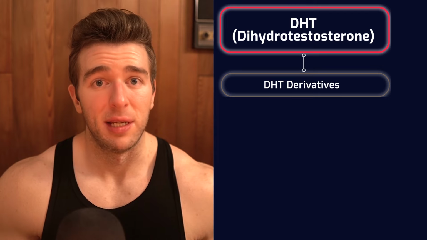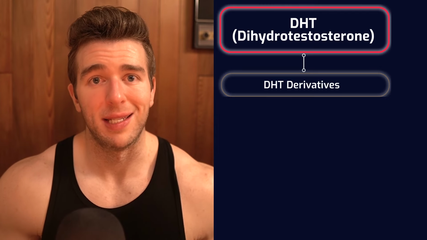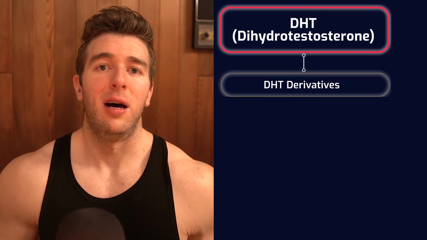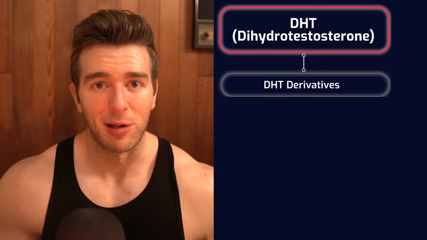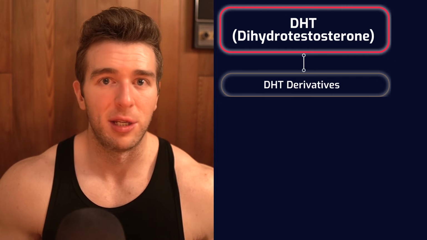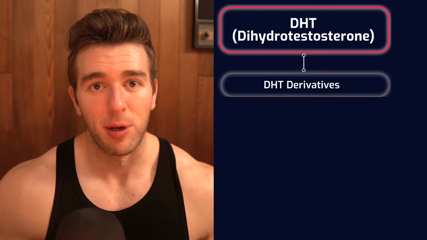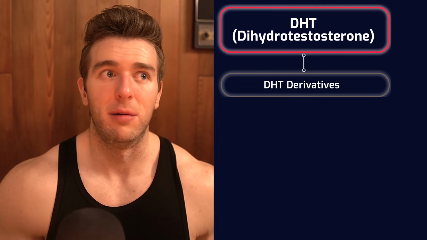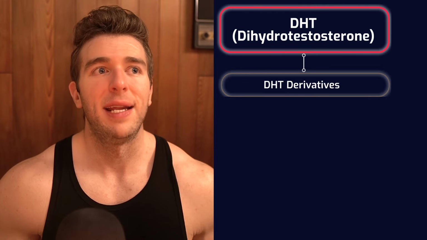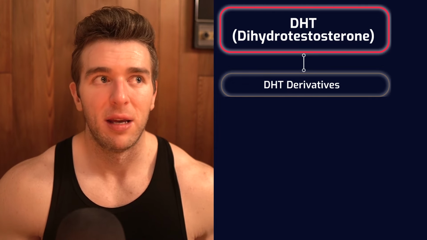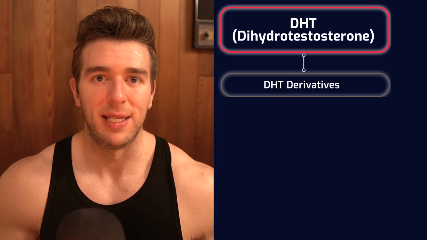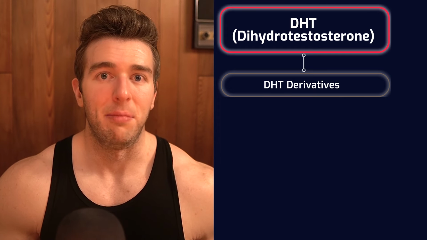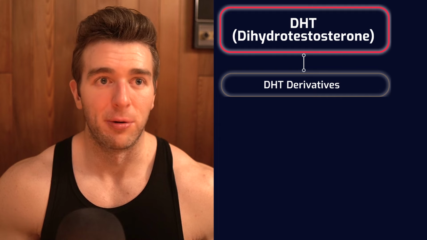So then we look at the next category, which is the DHT and DHT derivatives. So dihydrotestosterone is the 5-alpha reduced superandrogenic metabolite of testosterone that heavily influences progression through puberty, virilization, basically anything androgenic related is heavily influenced in the body by DHT and is the main hormone responsible for literally progressing you through puberty.